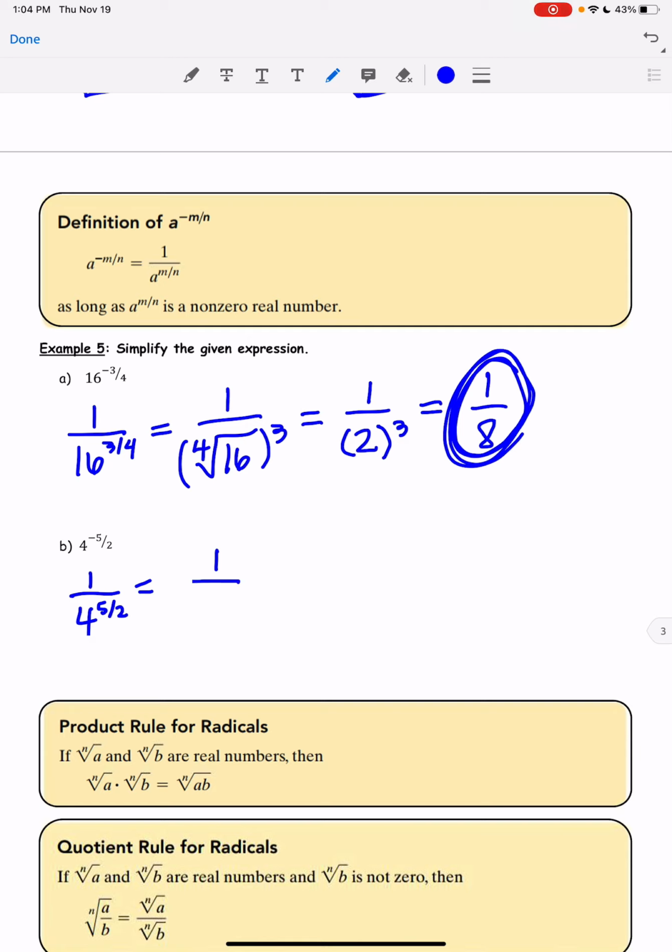So I've got the square root of 4 all to the 5th power. The square root of 4 is 2. And 2 to the 5th is 32. So it becomes 1 over 32.